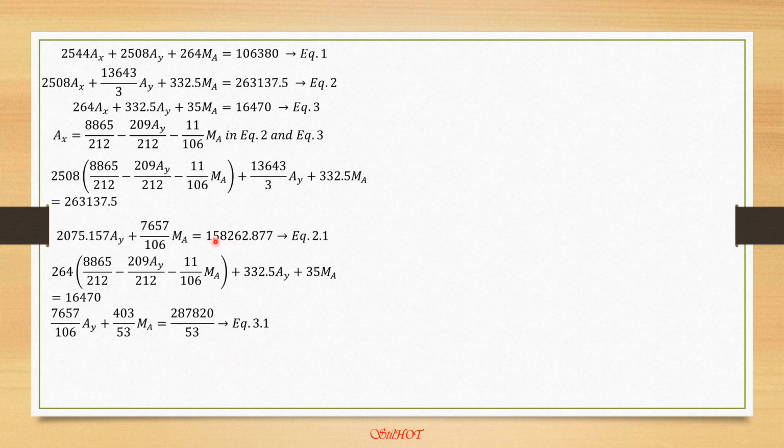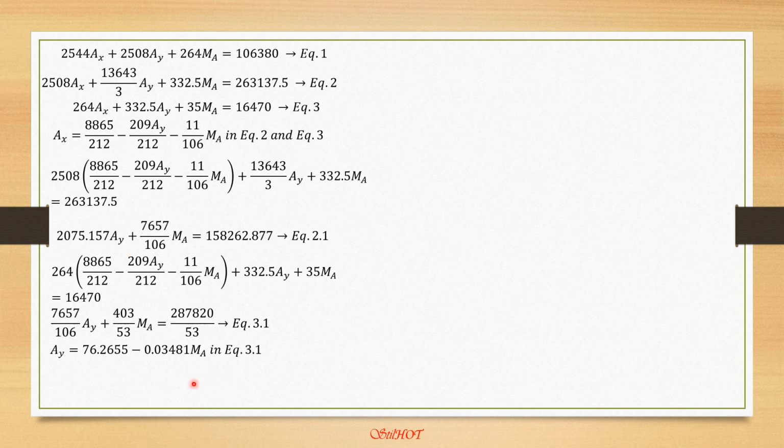Then from equation 2.1, we divide everything by 2075.157 to express AY in terms of MA. Then AY equals 158,262.877 divided by 2075.157, that would be 76.2655. Then this is moved to the right, so this becomes negative.